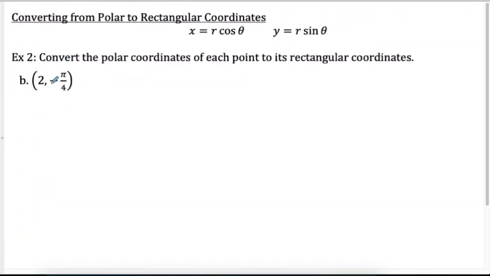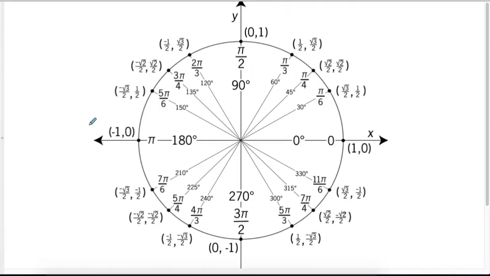How about one where we have our angle in radians? Okay, so let's say x is going to be r times the cosine of theta. So -π/4, if I go to my unit circle, -π/4 is right here. -π/4 is actually the same as 7π/4.